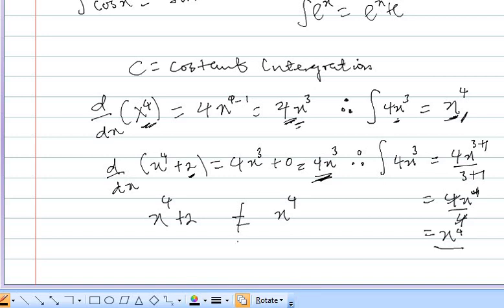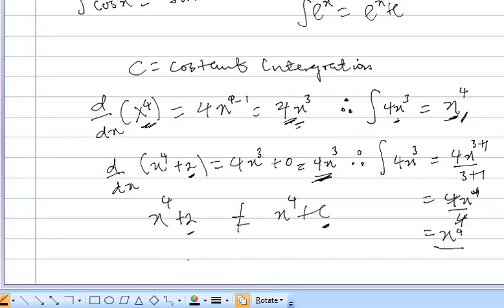So we have to add the constant of integration, that's c, which could be unknown or a certain number, just a constant.